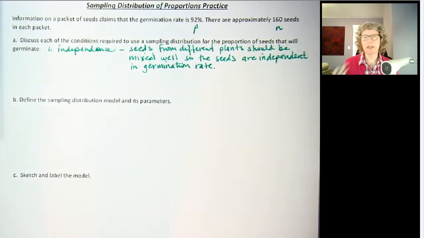So I hope that looking at all these different contexts helps give you a feel for how to write out these conditions.